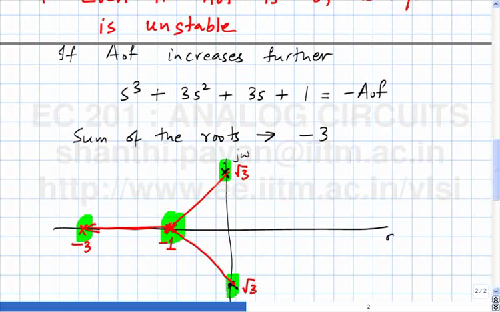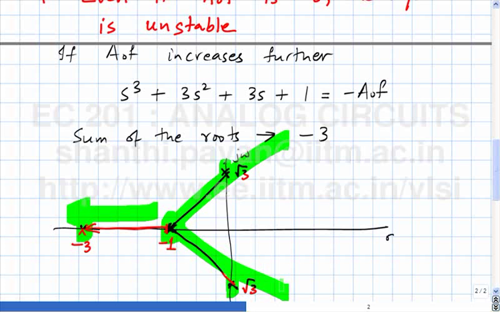And this makes sense because as A naught F is increasing, one root is minus 1 plus the real cube root of A naught F. That moves to the left, but the sum of the roots must be minus 3. So these two complex roots must move to the right. You understand? So if I go on increasing A naught F beyond 8, what do you think will happen?